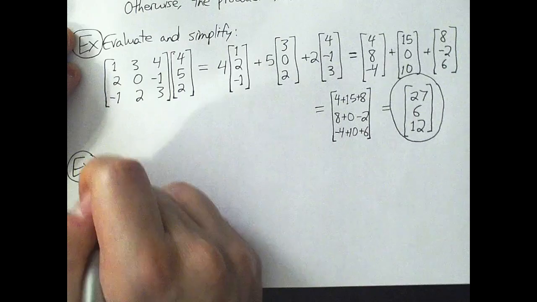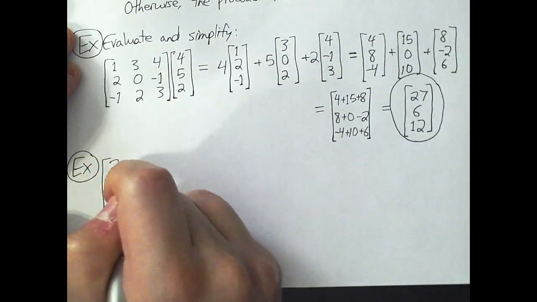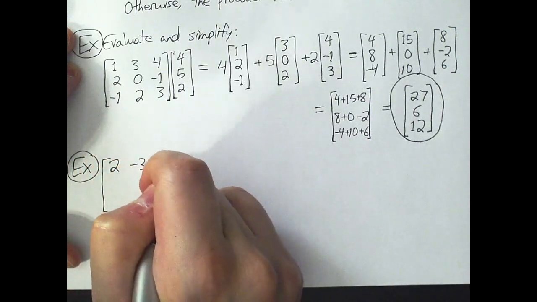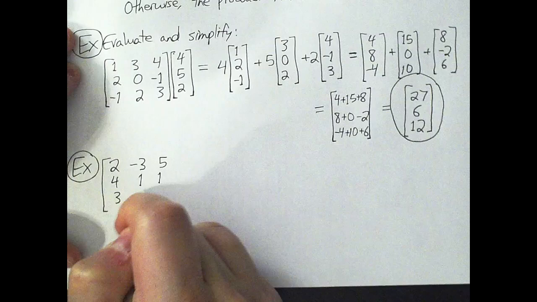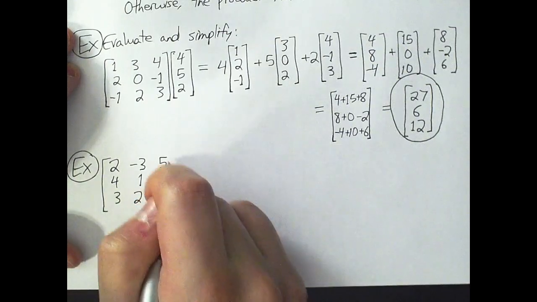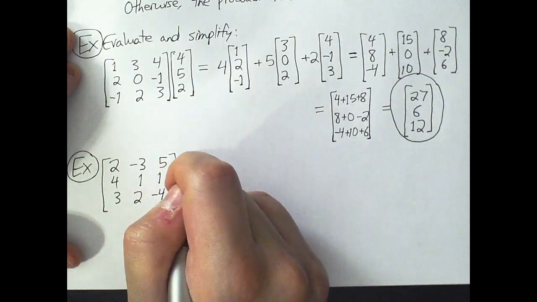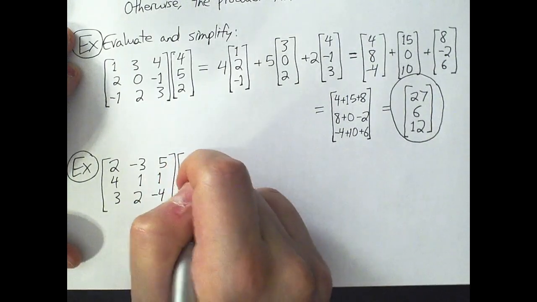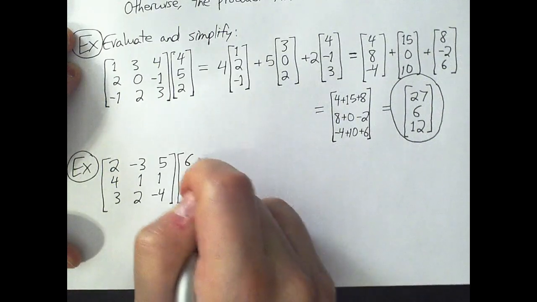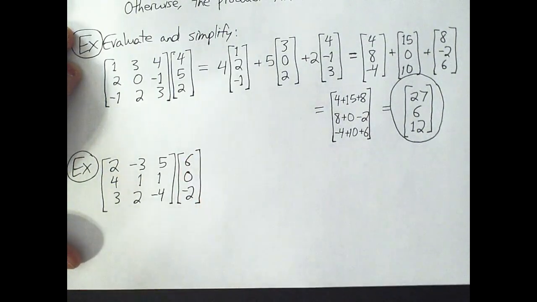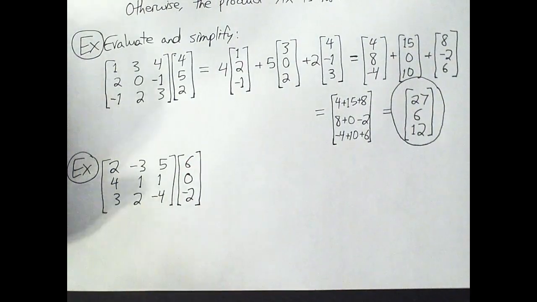I'm going to ask you to try a problem of the same size. Okay, so this would be a good spot to pause the video, take a minute, and see if you can do this one. Evaluate and simplify.